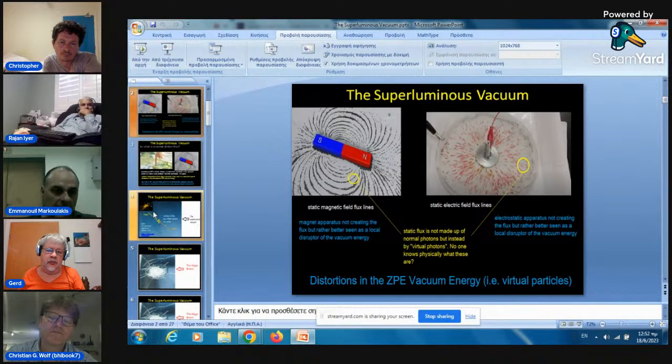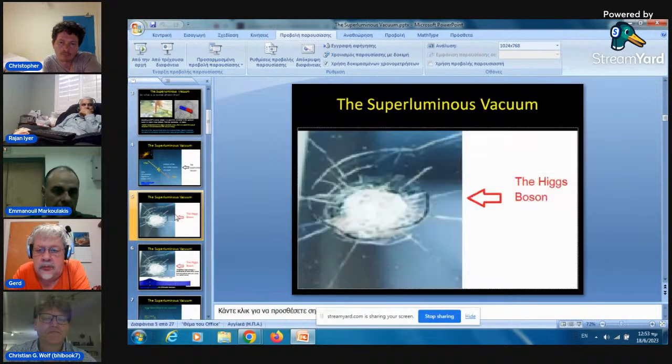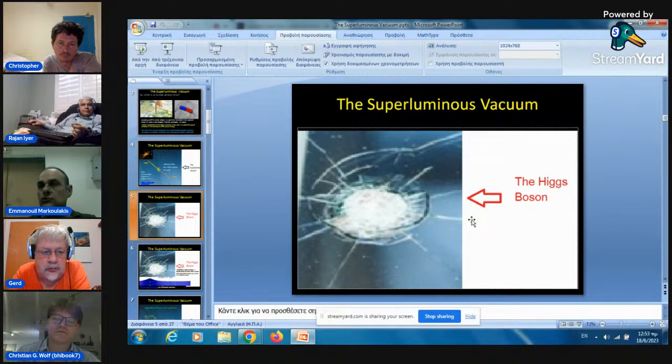But the distortion has two components: a transverse wave component, the circular wavefronts, but also a pressure component, a longitudinal component. This longitudinal component is the hidden interaction, which causes all this funny behavior of quantum entanglement, superposition, and so on.